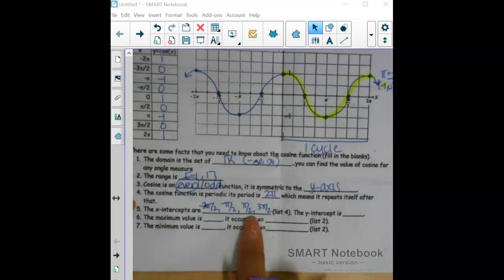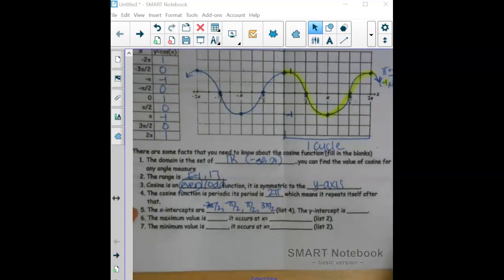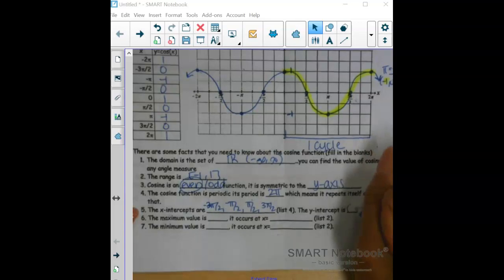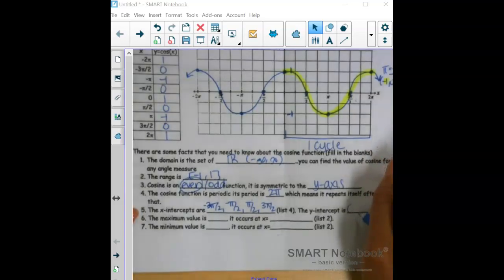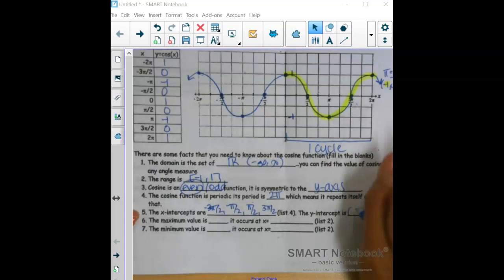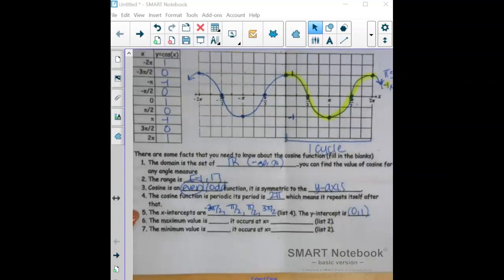That works. One more question. What's the y-intercept, Jesus? Where does it cross the y-axis? At 0, 1. So it's up here right on the y-axis.